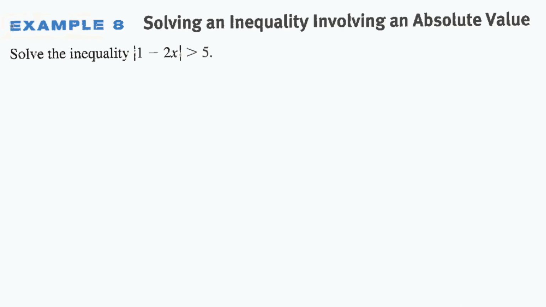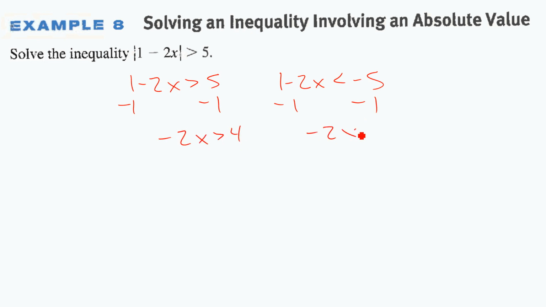All right, let's do a greater than. 1 minus 2x is greater than 5, or 1 minus 2x is less than negative 5. Subtract 1. Negative 2x is greater than 4, or negative 2x is less than negative 6. Divide by negative 2. What happens if you divide by a negative? Switch the inequality. x is greater than becomes x is less than negative 2.